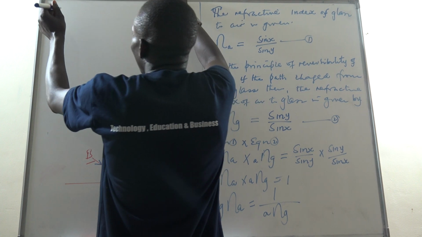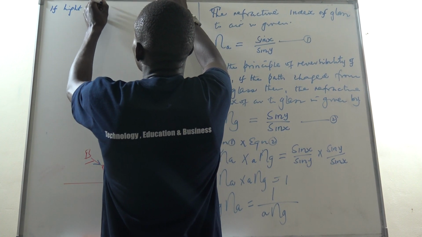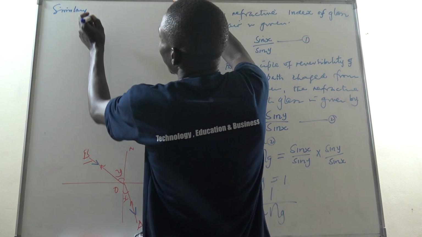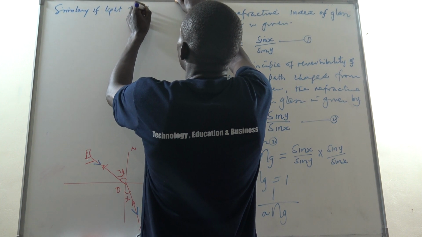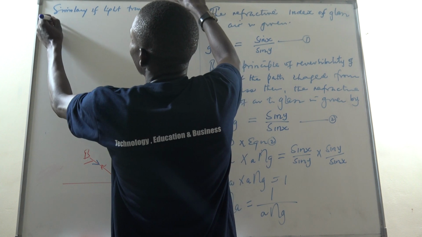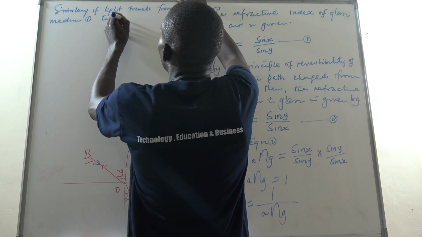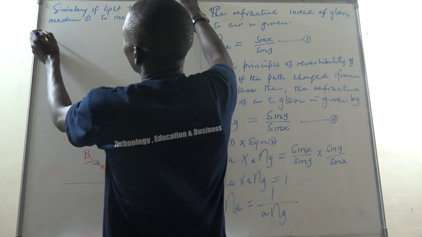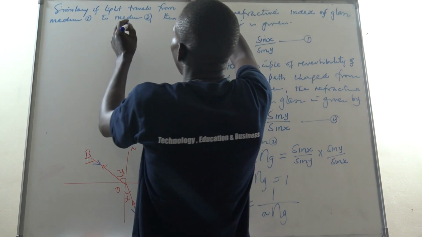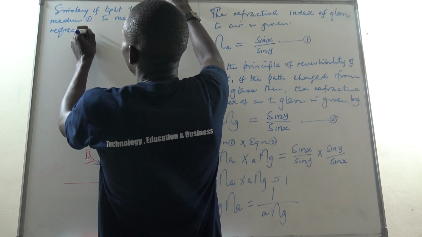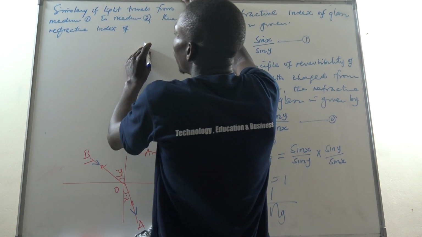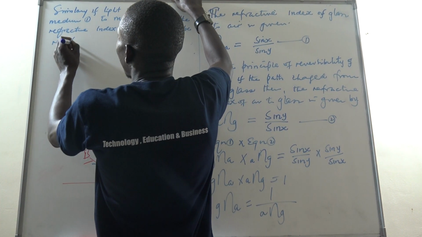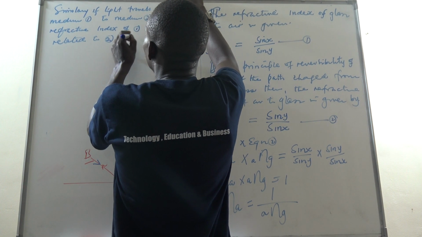If light travels from medium 1 to medium 2, then the refractive index of 1 to 2 can be related to 2 to 1.